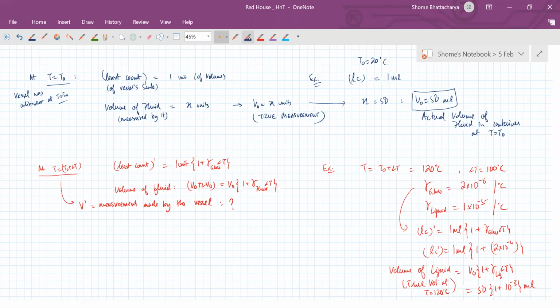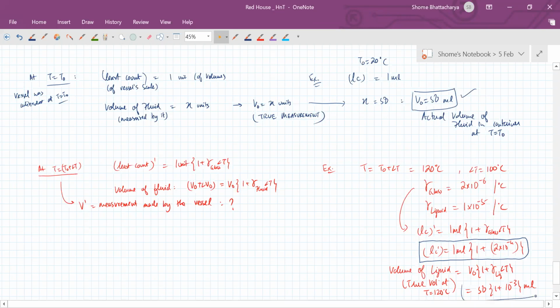Okay. So the least count has gone wrong. It should have been, sorry, the least count should have been 1 milliliter for accurate measurement, but it has become this. And the volume has also expanded from V naught of 50 milliliters to this value now. It has expanded to this value.